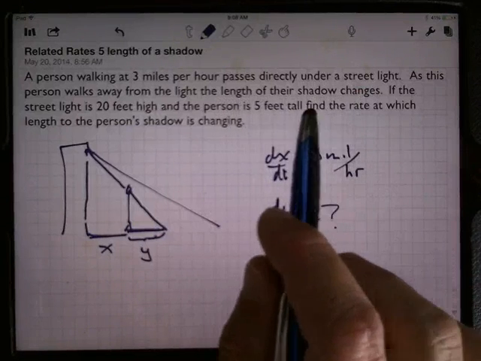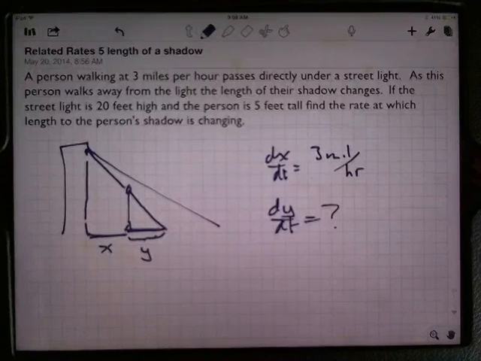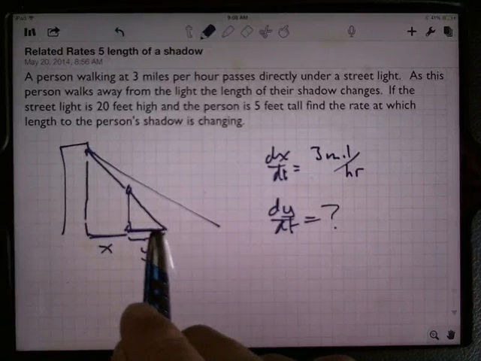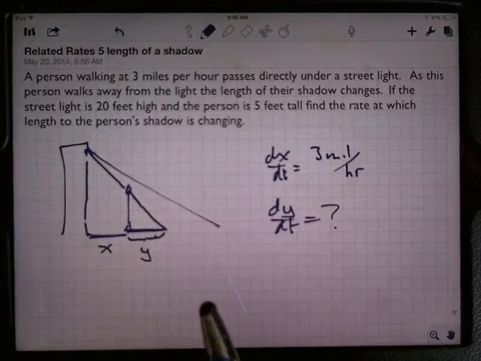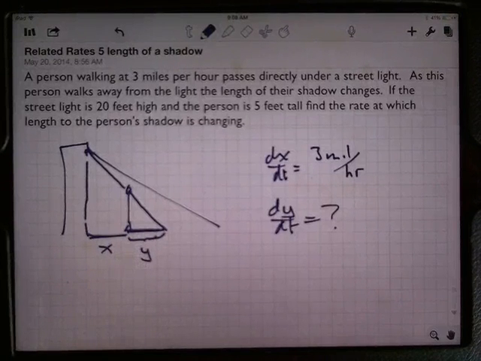Now, in this problem, I didn't actually give a position where the person is, so we'll have to fill that in later. It may be that the length of the shadow is changing at a constant rate. Maybe it's changing at different rates for different times. We'll have to see.